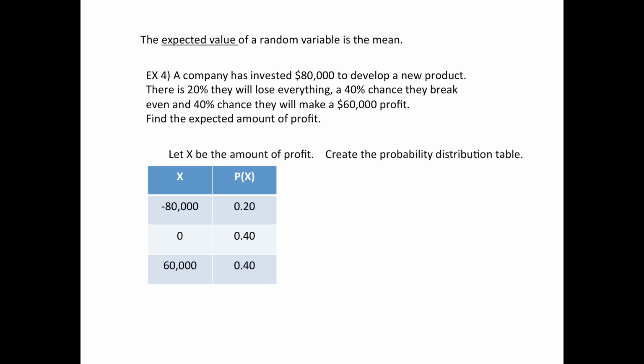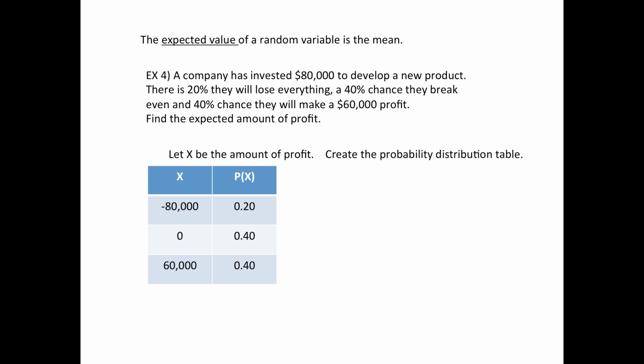Now, this first possibility, since we're talking about profit, the first percentage of 20% talked about them losing everything. So that would be a negative $80,000. Ouch. Next, there's a 40% chance they break even. That's zero profit. And there's a 40% chance they make $60,000.